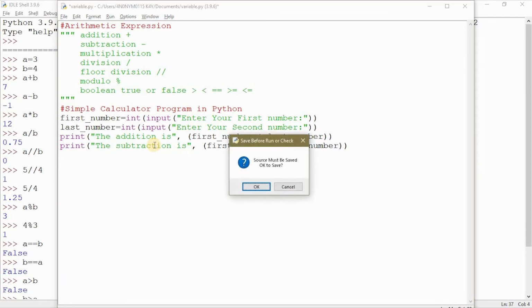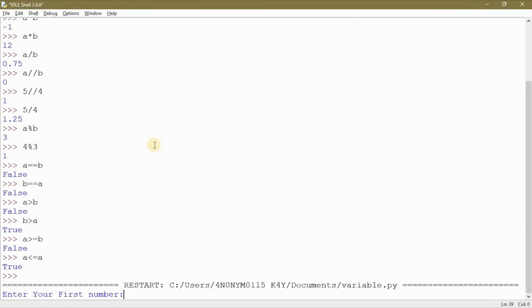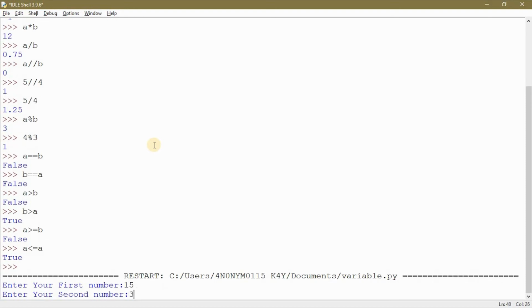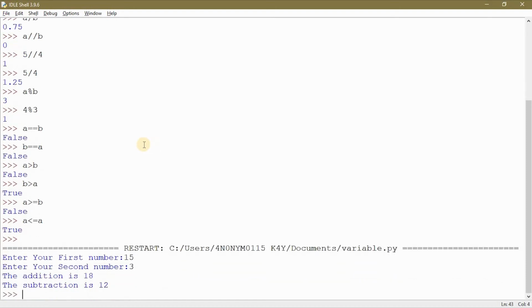So let me run this. Enter my first number. My first number is 15. My second number is 3. You can see the addition is 18, the subtraction is 12.